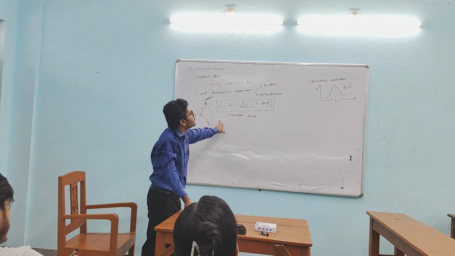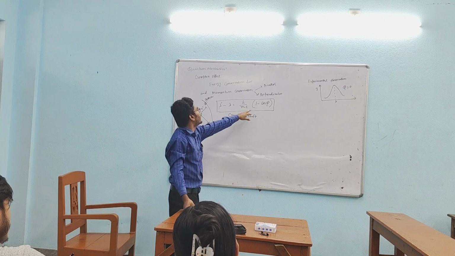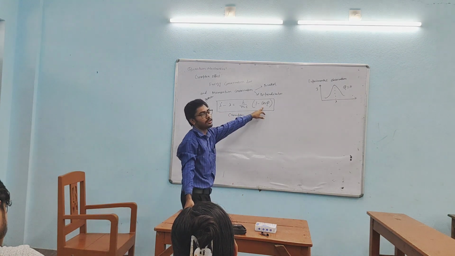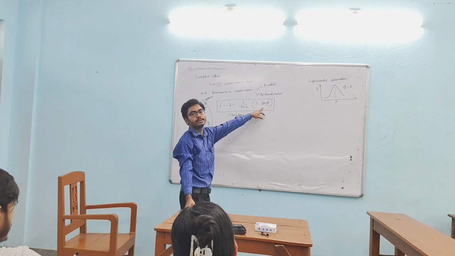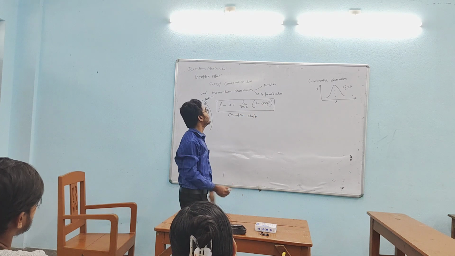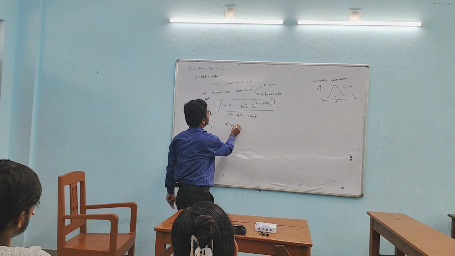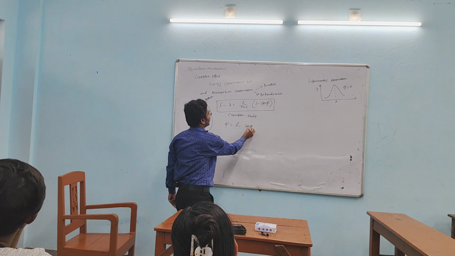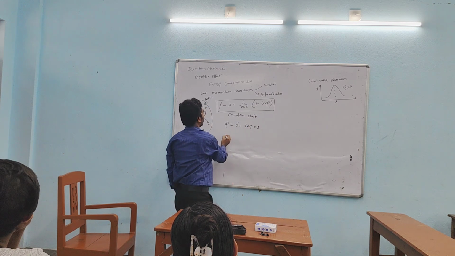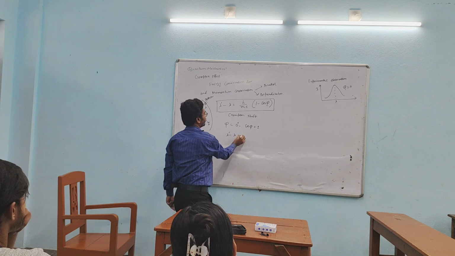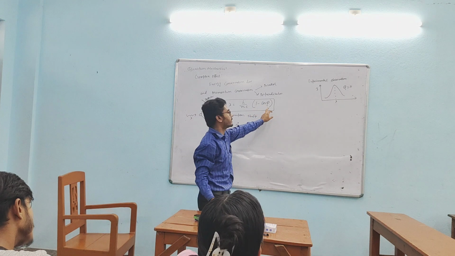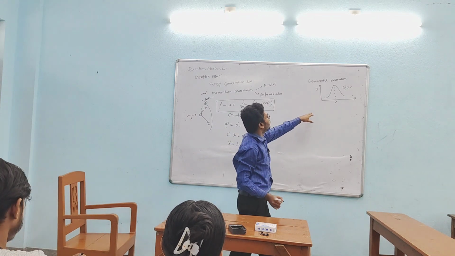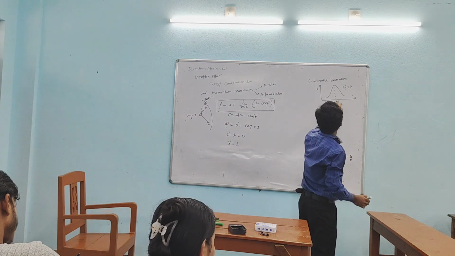Just put phi equal to 0. Phi equal to 0 means cos phi is 1. So lambda dash minus lambda equals 0, because 1 minus 1 is 0, and then lambda dash equals lambda. So there is no other wavelength other than this lambda.